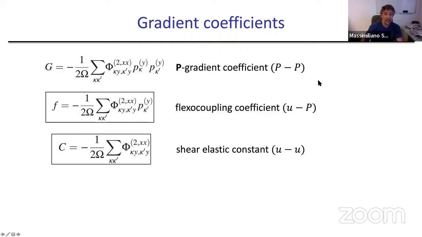And then we have also the elastic constant, which is the same coupling where we have the displacement field and the displacement field. And it might sound quite odd to find the elastic constant in a context where we are discussing gradient couplings, because our understanding of elasticity is as a uniform degree of freedom that does not change the lattice periodicity.